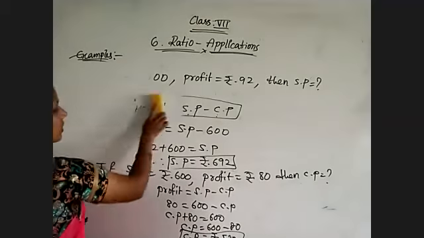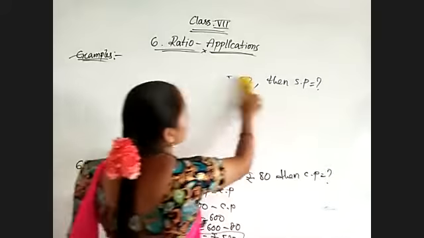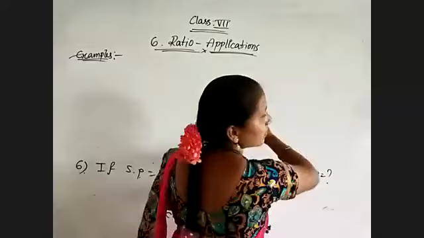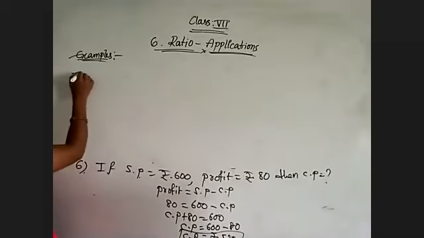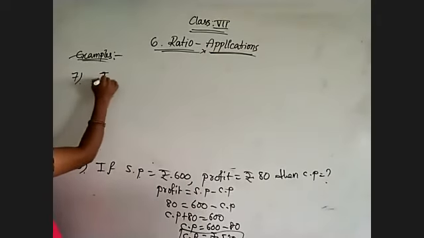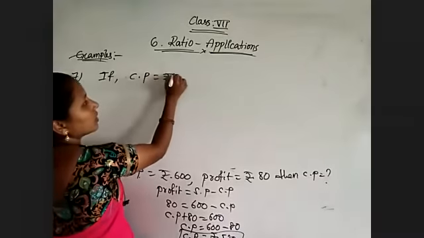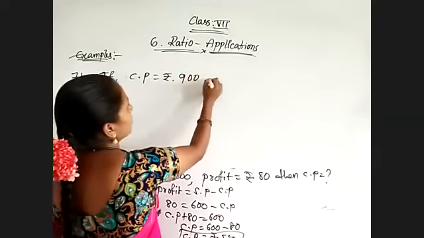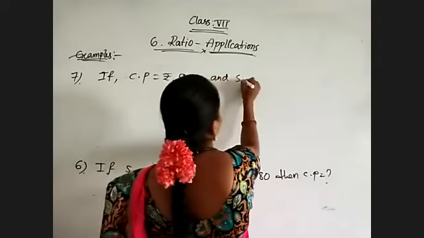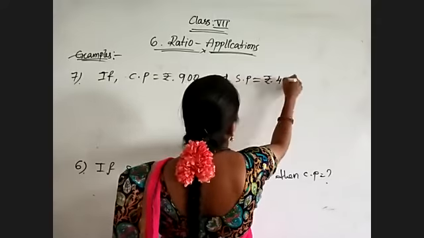Now I'm using another problem. Here, suppose they are given CP equal to 900 rupees and SP equal to 400 rupees.